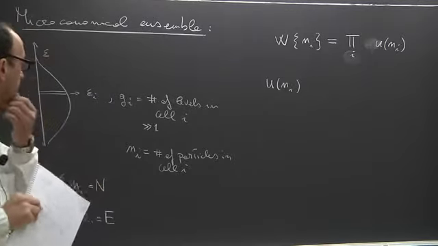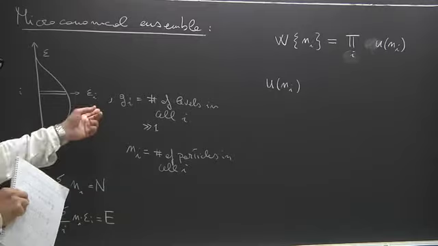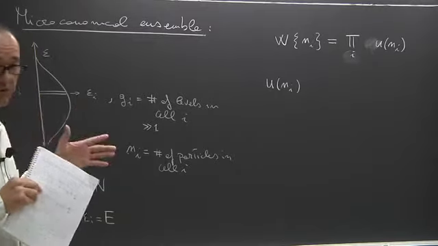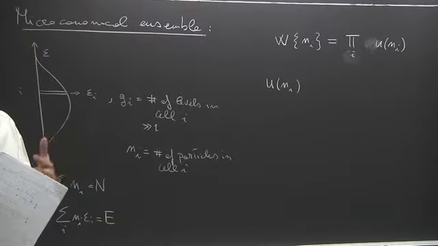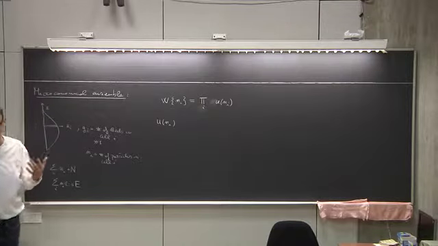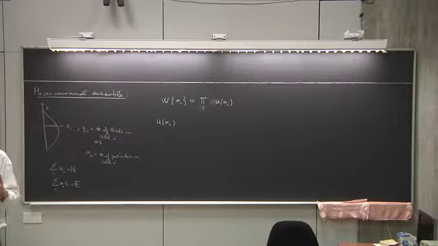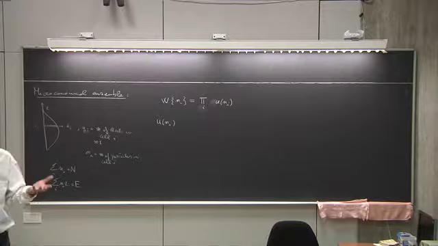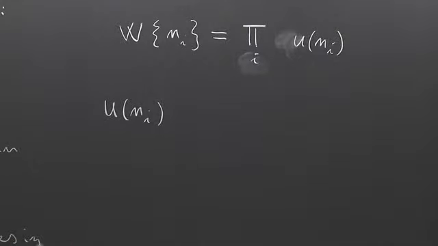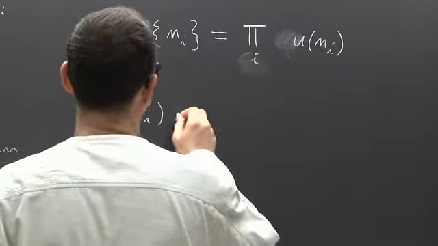The way in which I can do this will differ according to whether I'm considering a classical system with Maxwell-Boltzmann statistics, or quantum systems, either with Bose-Einstein statistics or with Fermi-Dirac. So let us compute it for the three different cases.